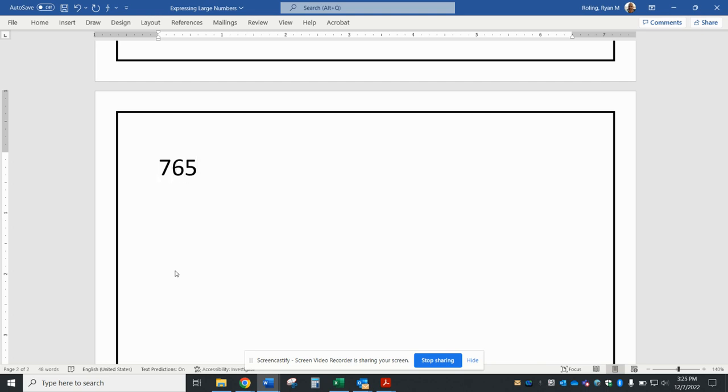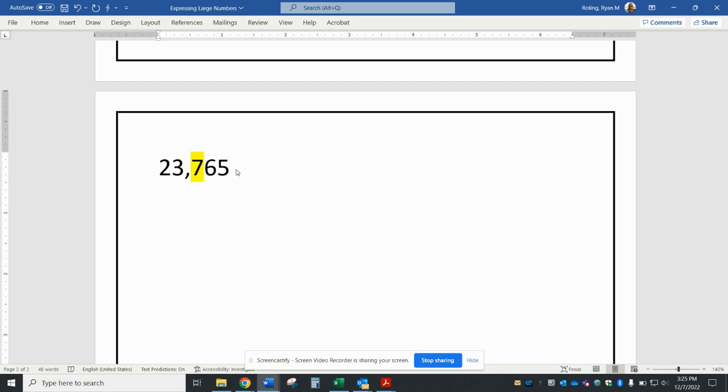But if I add a comma and numbers go before that, now I must use the word hundred in expressing this number. Okay, and so this number is 23,765.